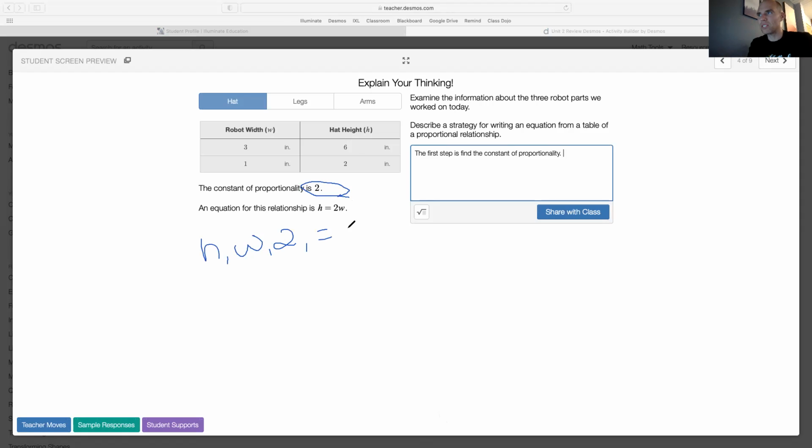And you need to arrange them so that they say exactly what the relationship is doing. And so in this case, the relationship is if you take the width times 2, it equals the height. 3 times 2 equals 6. Again, here in the second row, if you take the width, multiply by 2, that equals the height.